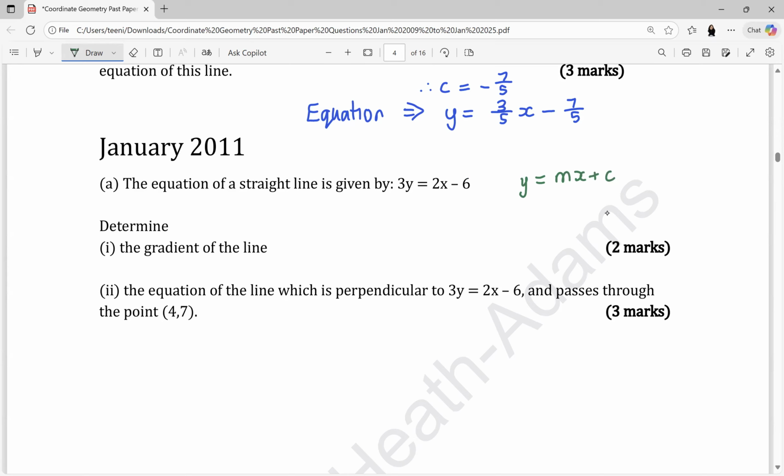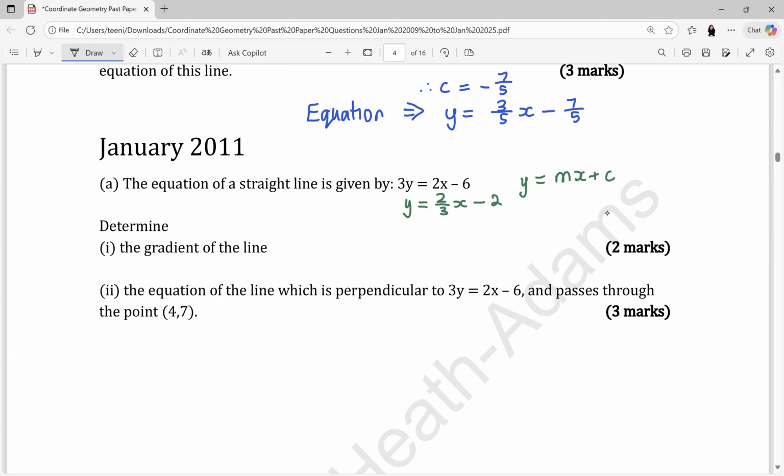So to get this equation in the form y is equal to mx plus c, I would divide throughout by 3. Dividing throughout by 3 will give me y, because 3y divided by 3 would be y. 2x divided by 3, well, that would be 2 over 3 x. And then 6 divided by 3 is 2.